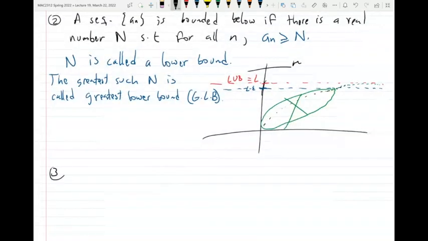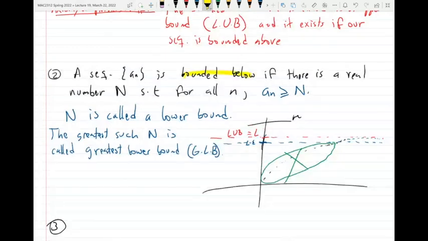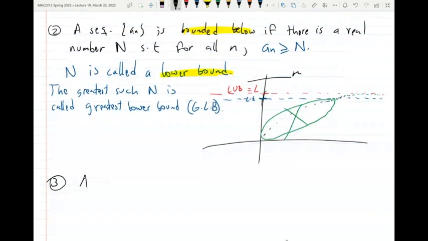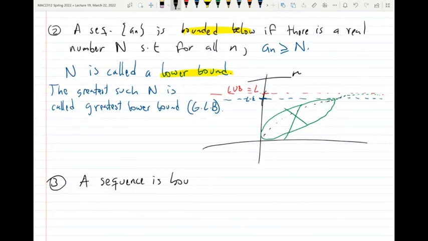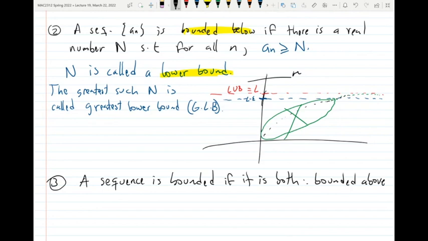Okay, so number 3. Now we know what it means to be bounded above. We know what it means to be bounded below, and what it means to have a lower bound. So we say a sequence is bounded if it is both bounded above and below.